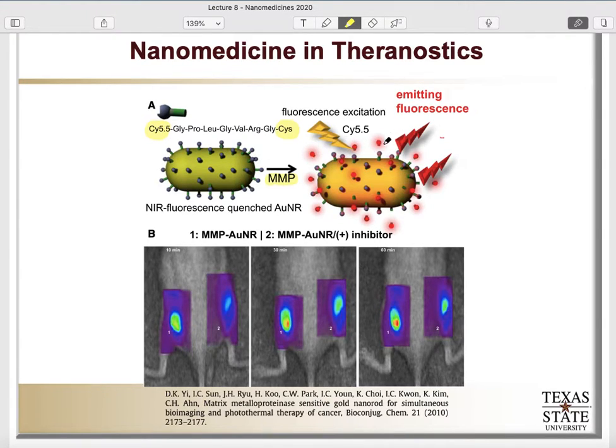Once it diffuses away, it is able to fluoresce, so it's basically activated, and so you see the fluorescence development at the site. Here, what we're seeing is near-infrared imaging, fluorescence imaging of mice, and let me see if I remember. Number one is gold nanoparticles, MMP, meaning that we have fluorescence development.